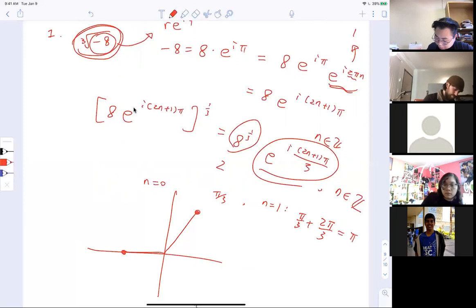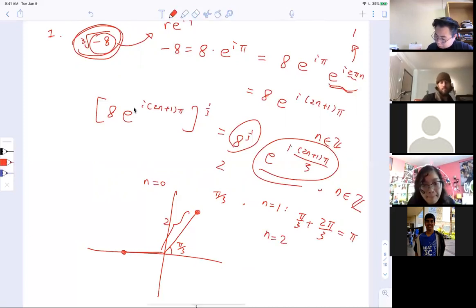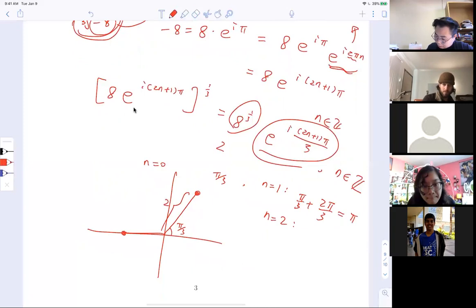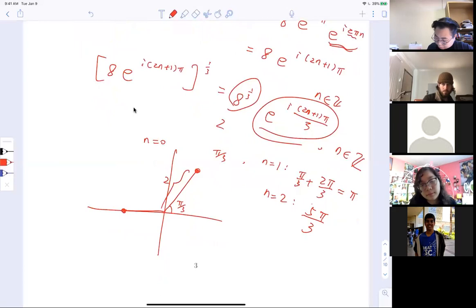By the way, the length is 2. This is pi over 3. This is pi. And when n equals 2, it is 2 times 2 plus 1, which is 5, so 5 pi over 3. I think it's here.